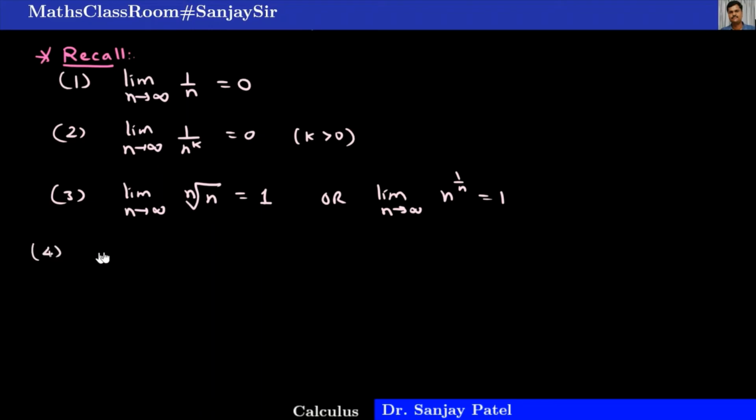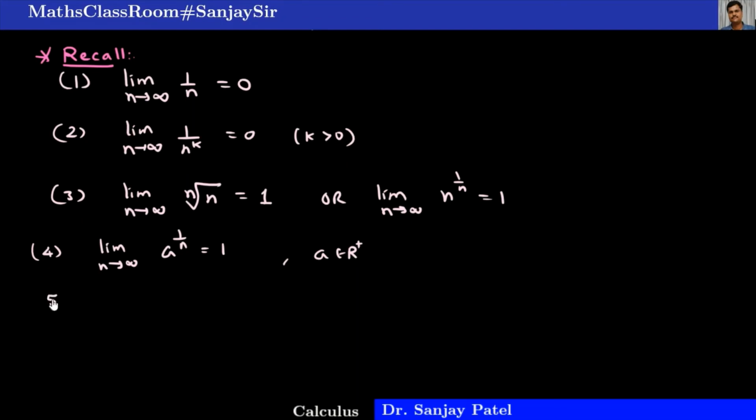Then number 4, limit n tends to infinity, a raised to 1 upon n is equal to 1, where a is any positive real number. Okay.